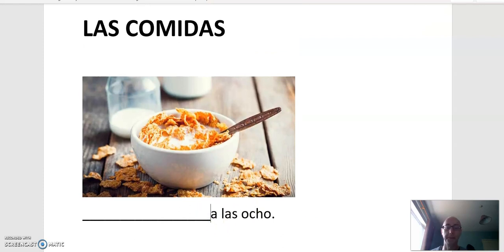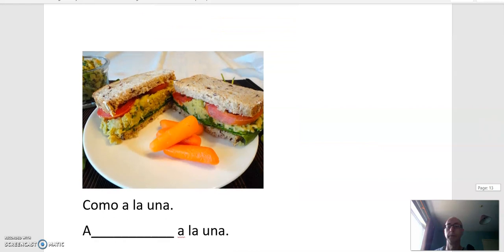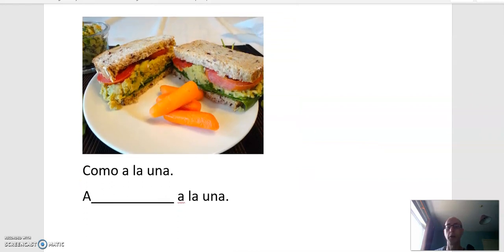So let's revise las comidas. Como se dice? I have breakfast at 8. Begins with a D. Desayuno. Exacto. So we have two verbs for to have lunch.